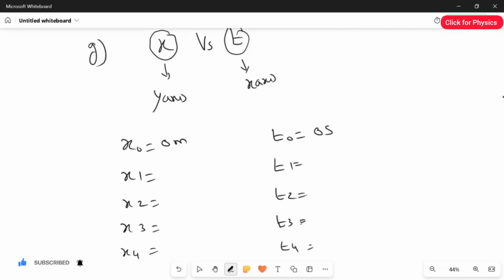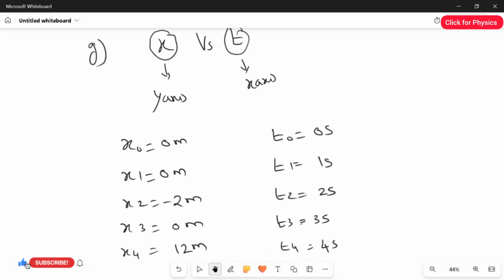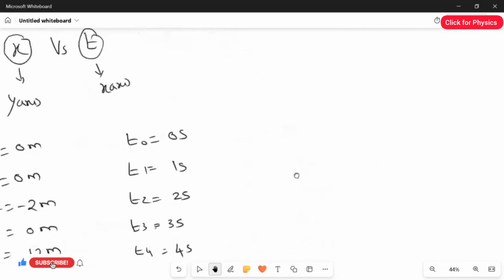At time t equal to 1 second, what is our position? 0 meter. At time t equal to 2 second, what is our position? Which is minus 2 meter. At time t equal to 3 second, what is our position? 0 meter. At time t equal to 4 second, what is our answer for the position? Which is 12 meter.